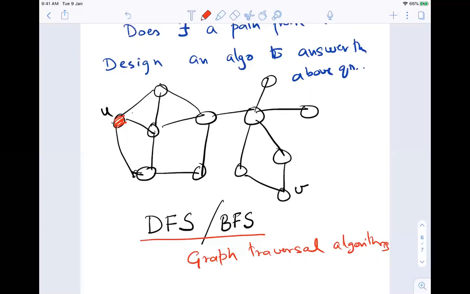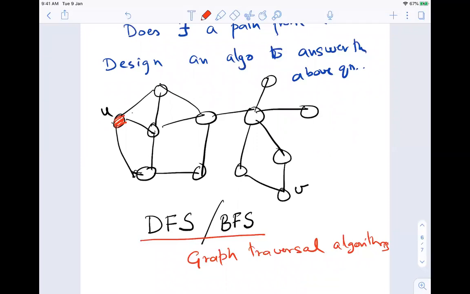Of course, how they rank the web pages is a different issue. But the first thing they need to do is to walk along the whole web graph and find all the places where the word algorithm is written. That is done using some kind of traversal algorithm.